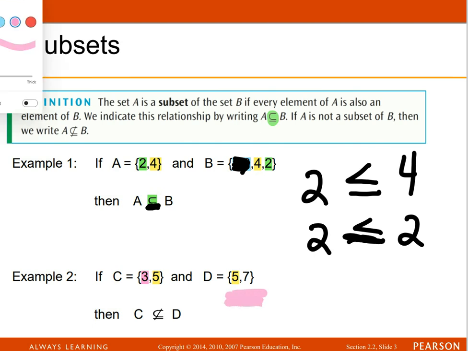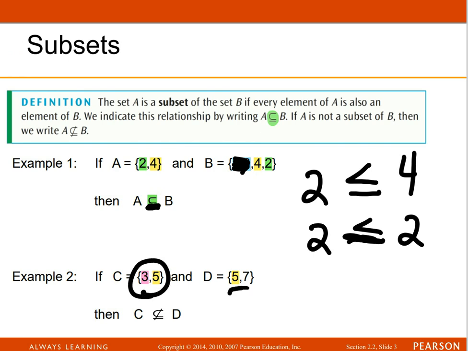So not every element in C is also in D. This 7 doesn't really matter. I'm looking for the 3. I have to have both a 3 and a 5 over here somewhere, and I only have the 5. Every element of C must also be an element of D, and it's not. Only the 5 is. The 3 is not in there.